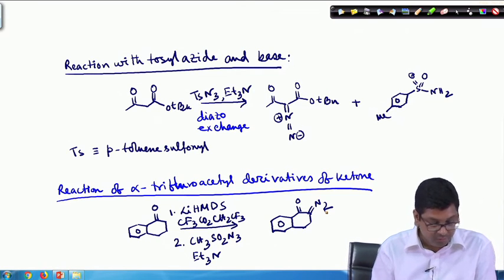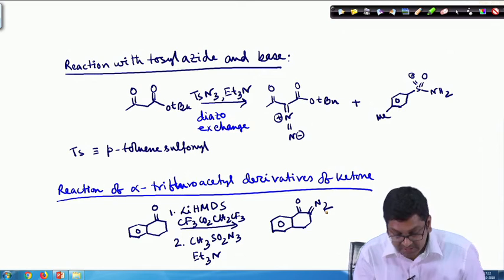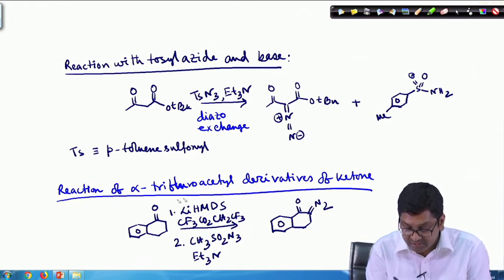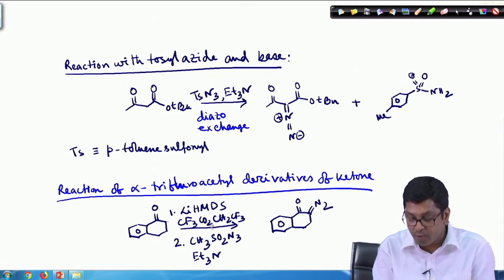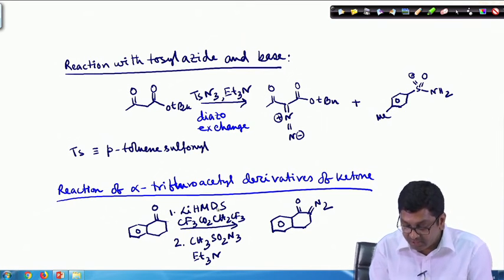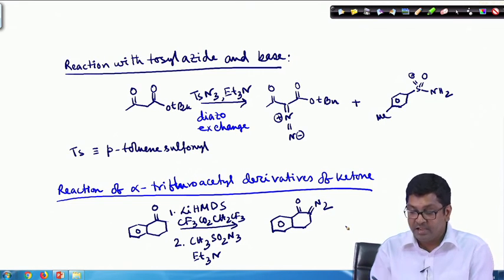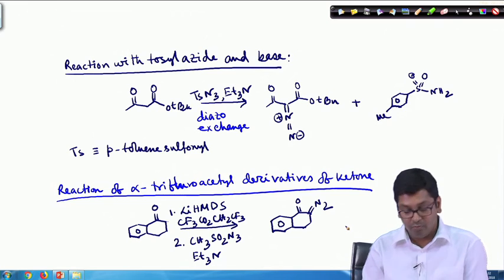Okay. So, these type of substrates, first in presence of base, the anion will generate and that will pick up this group from the ester, and finally, the diazo transfer will give you the desired diazocarbonyl compound. Okay.